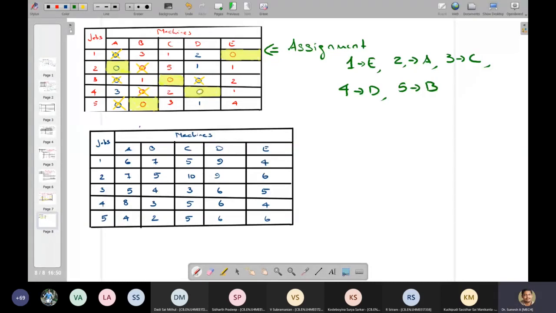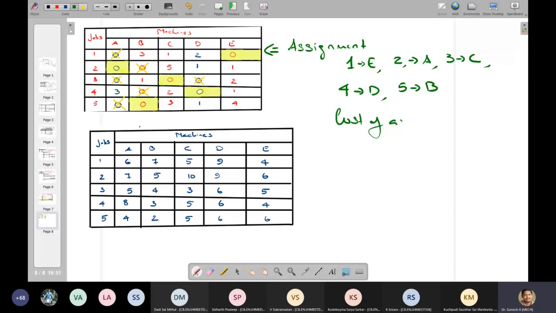So the cost of assignment will be, this is the one which I assigned 1, this is the one which I assigned 2, this is 3, this is the next, and this is the next.